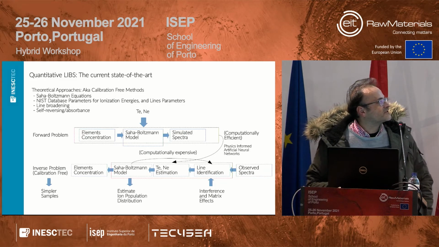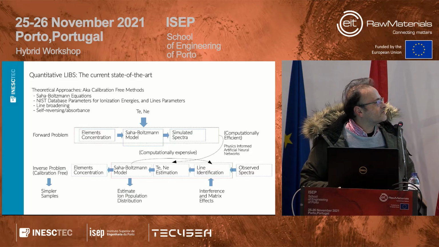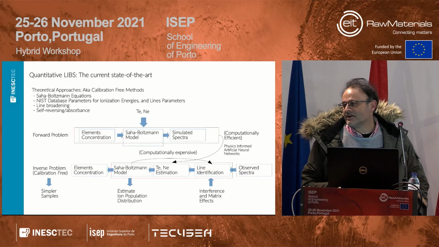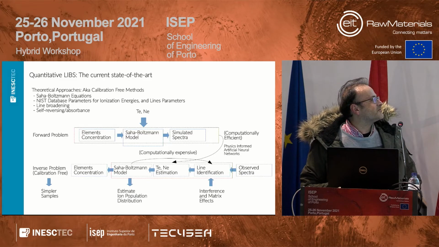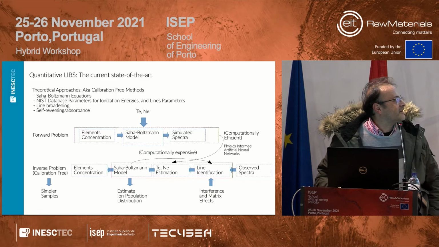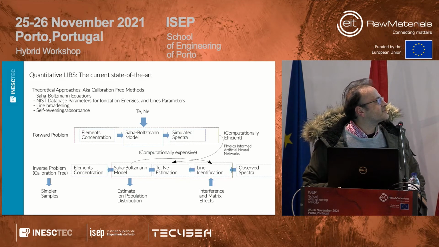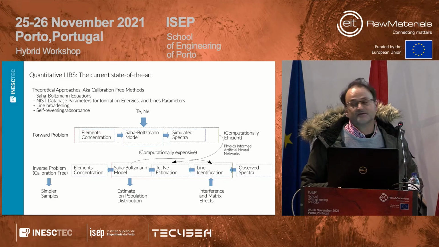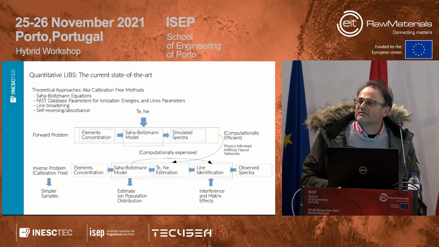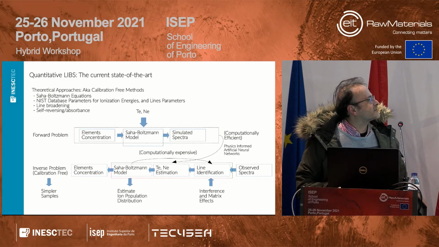And here you start seeing big problems, because the first thing is, what is the line identification if I have a complex sample? Line identification in complex samples is difficult to make and difficult to estimate. And after that, as you make these kinds of mistakes, of course, your estimations of the temperature and electron density will never converge to the correct value.